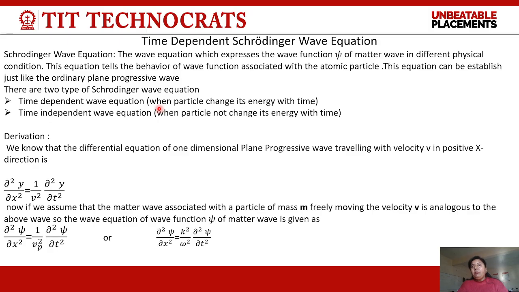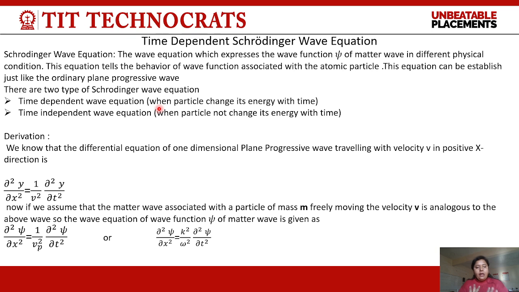So the particle is moving inside a shell with a constant energy, and the wave associated with such a particle is expressed by the time independent wave equation. So if the particle is changing energy continuously, we apply the time dependent Schrodinger wave equation, and if the particle is revolving in a constant energy system, then we apply the time independent wave equation.